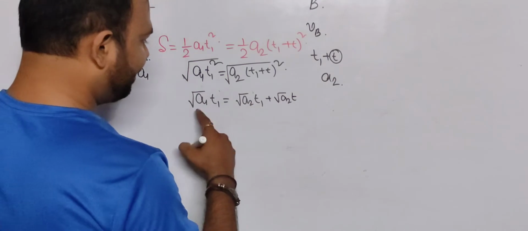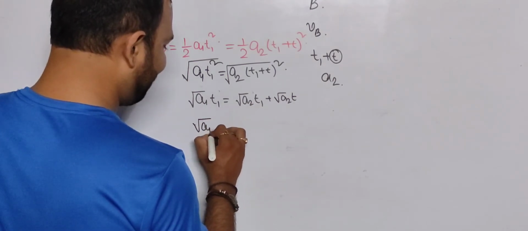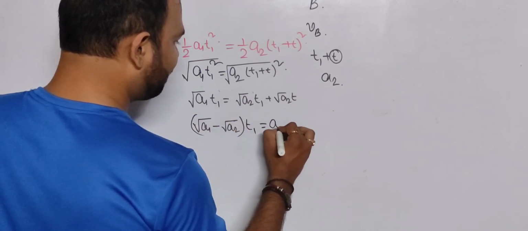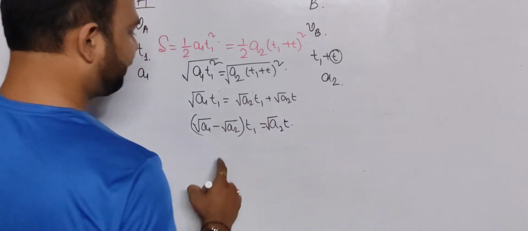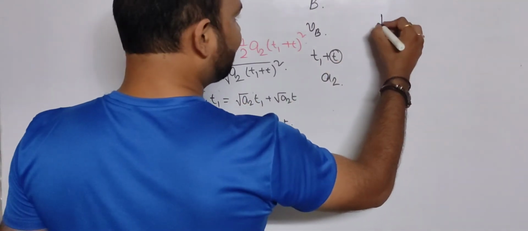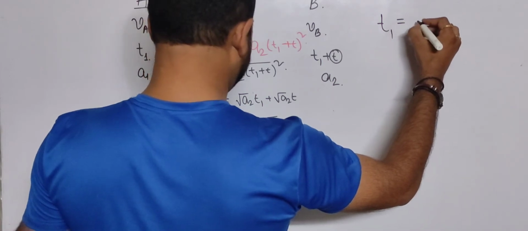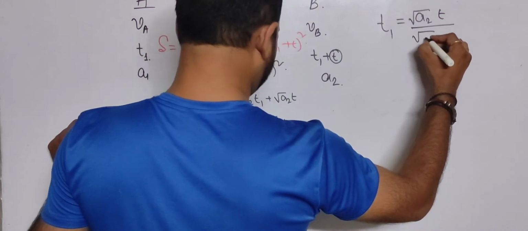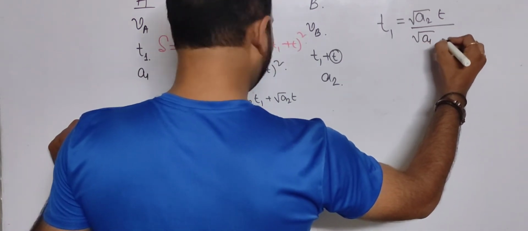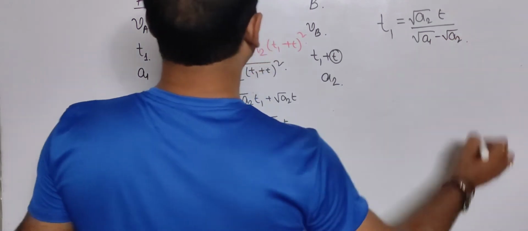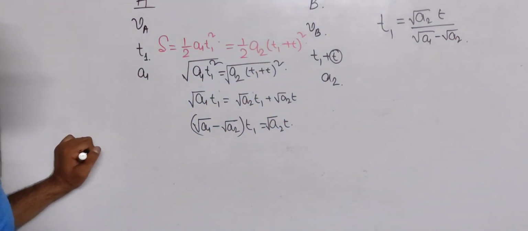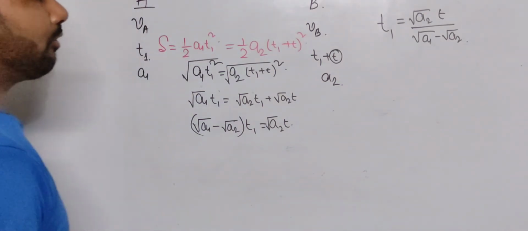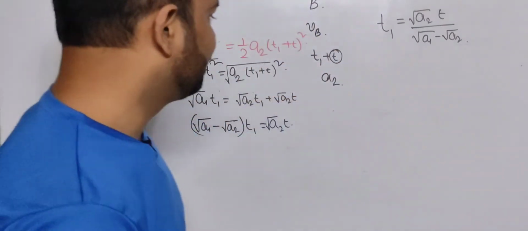If we take t1 to one side, we get (root a1 minus root a2) t1 equals root a2 t. So time t1 equals root a2 t divided by (root a1 minus root a2). We can rationalize this if there is any requirement of rationalizing it.